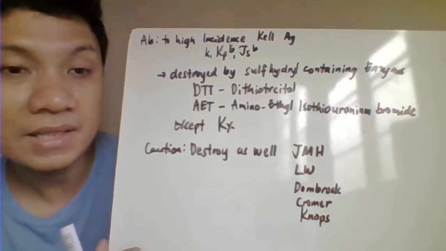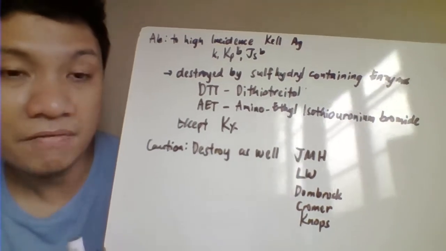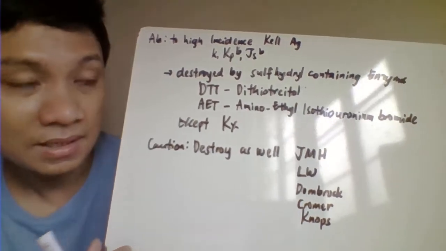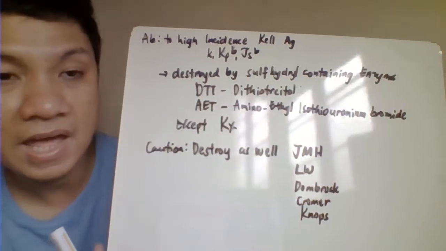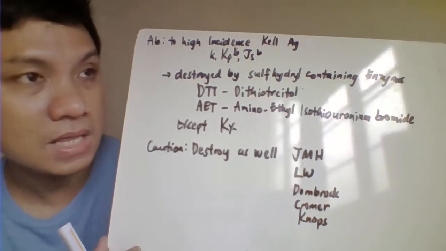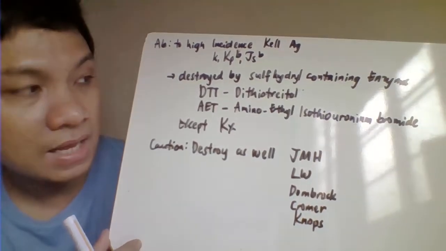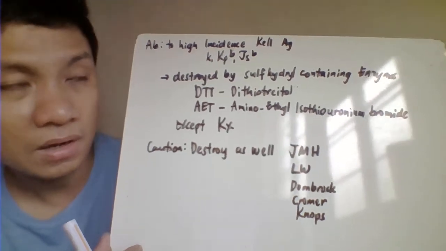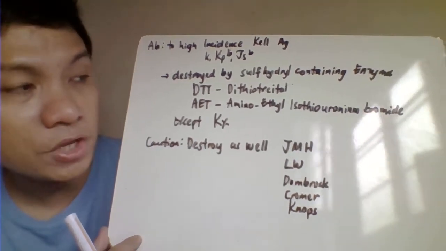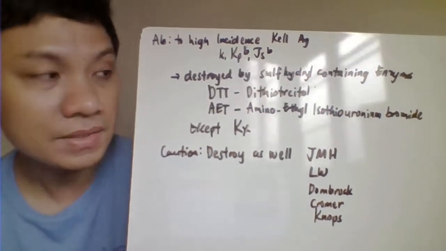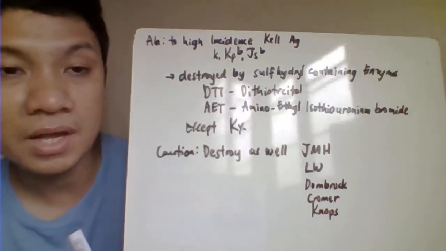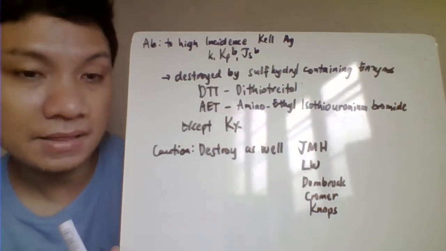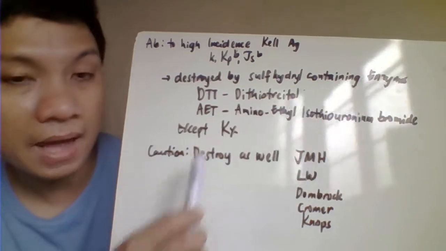But it is affected by sulfhydryl-containing reagents. This includes DTT, dithiothreitol, and we have your AET, or aminoethylisothiouronium bromide, because this is the only one which tends to destroy all your Kell antigens except your KX.